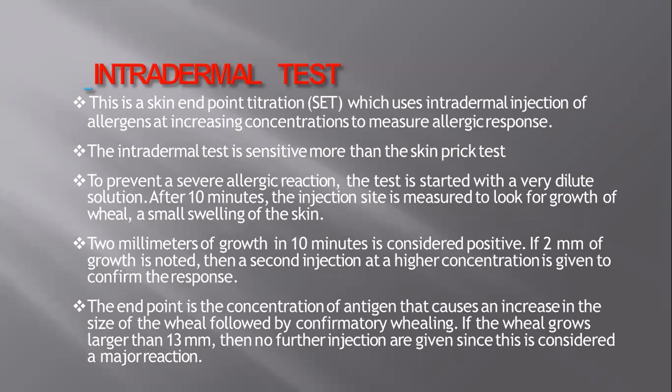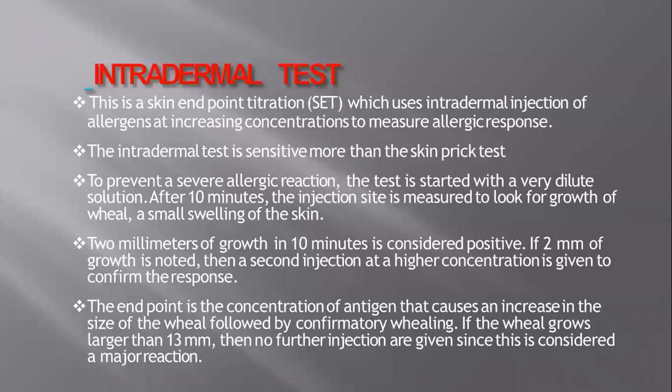This is skin endpoint titration, or we can say SET, skin endpoint titration, which uses the intradermal route. Here, the intradermal injection of an allergic substance is given at increasing concentrations to measure the allergic response.